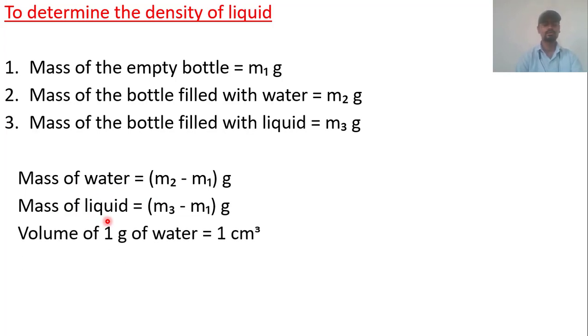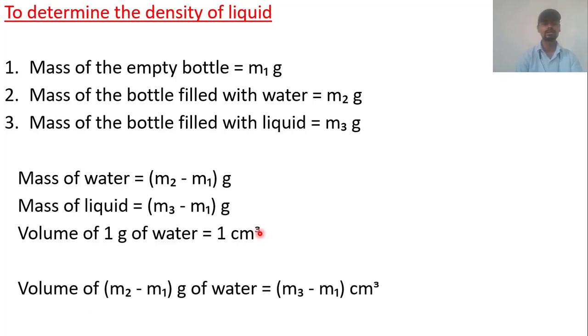Remember that the volume of 1 gram of water is equal to 1 centimeter cube. We studied in the previous lecture that 1 ml is equal to 1 centimeter cube. Likewise, 1 gram of water is equal to 1 centimeter cube.